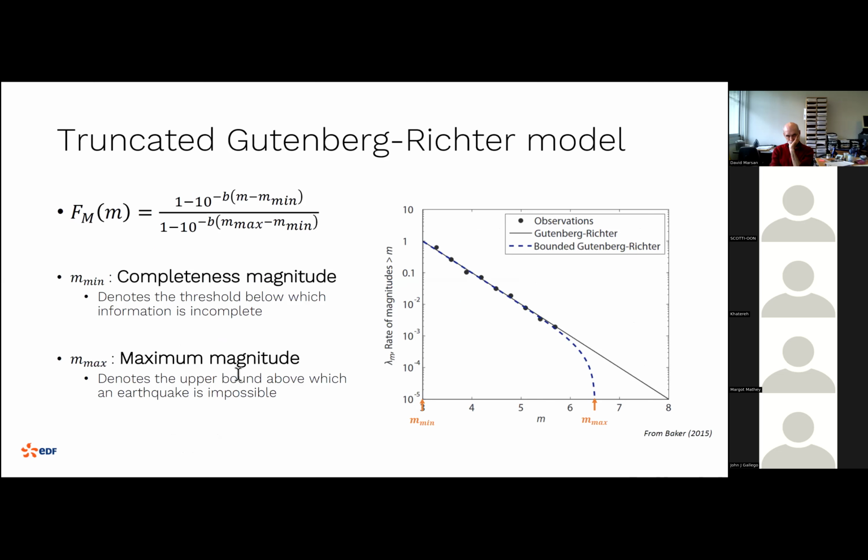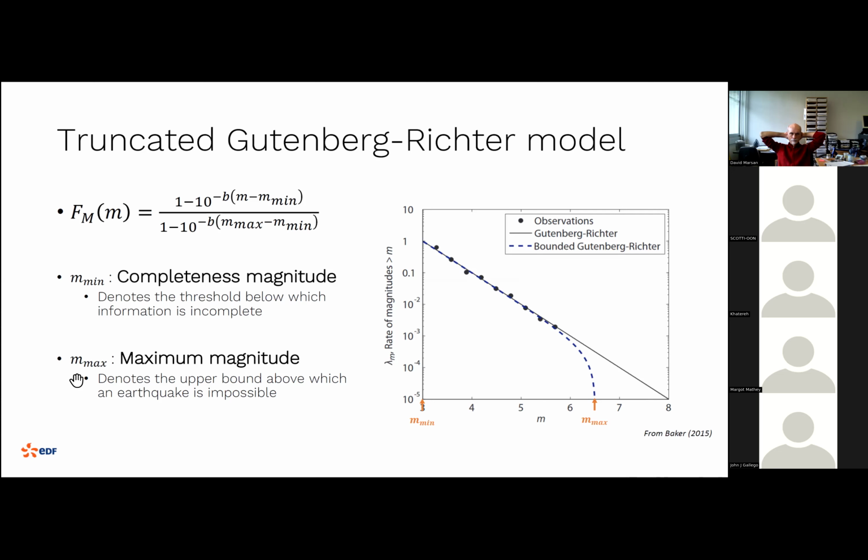But the most frequent frequency magnitude model used for PSHA is the truncated Gutenberg-Richter model. So this model is a power law description of the number of events as a function of magnitude, and truncated because there is one upper magnitude truncation, Mmax, which is a threshold which denotes the upper bound above which an earthquake is impossible.